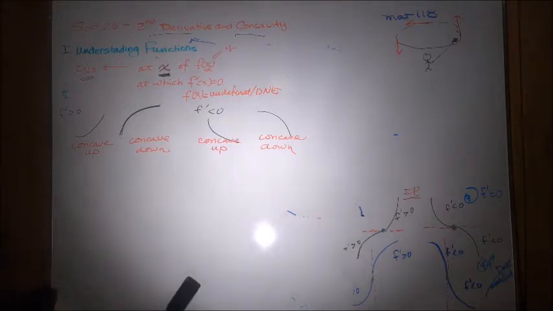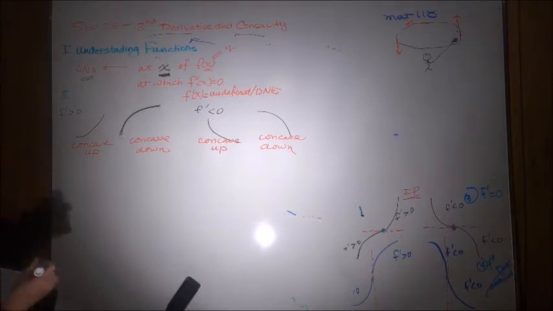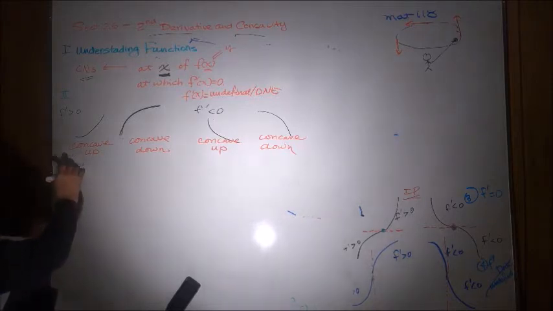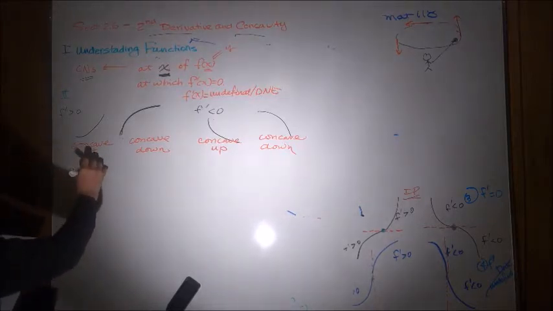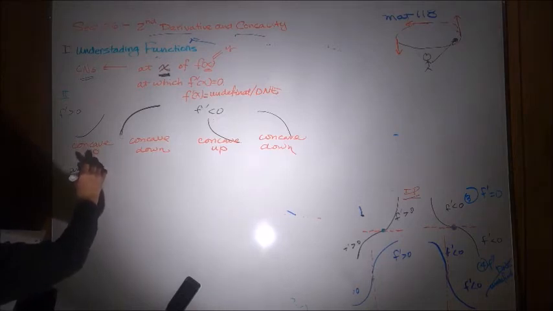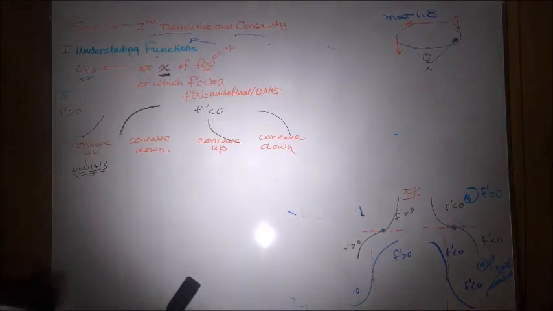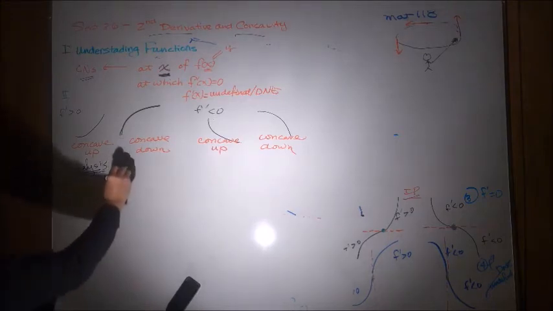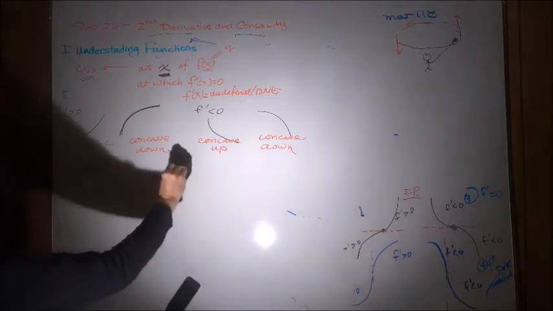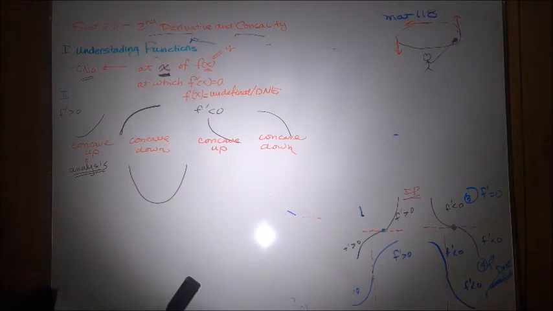Okay, now let's look at another situation. We want to talk about something. Okay, let's analyze that. If I have a curve like this, so start from what? Concave up, change to what? Concave down, right?